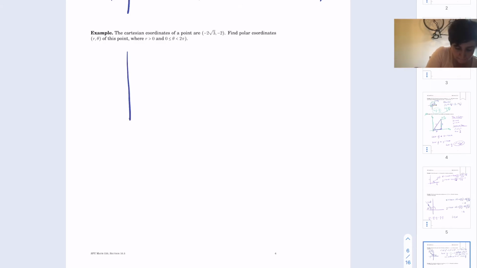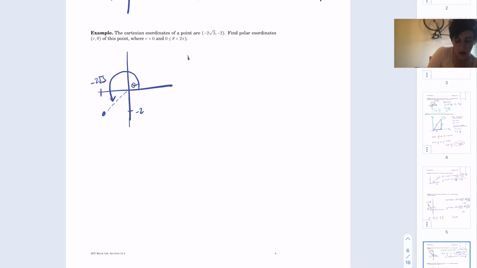So here we go. So this is -2 root 3, -2, sure, okay. There's our point. We're looking for this angle, okay. Let's start with the more straightforward algebraic thing to solve, which is r, okay.